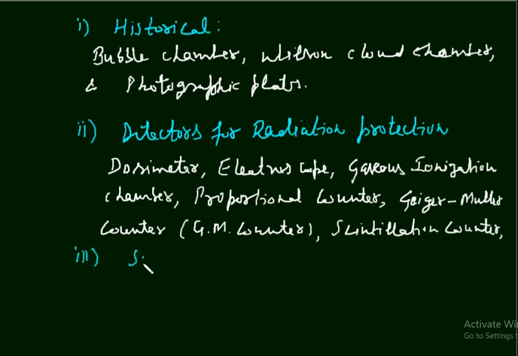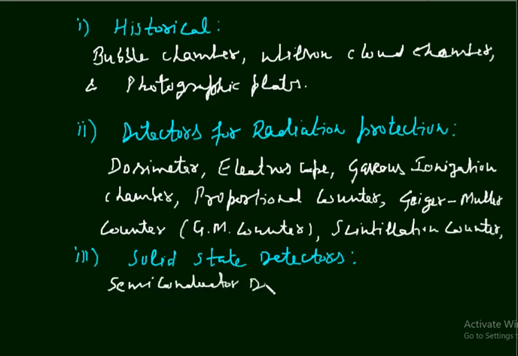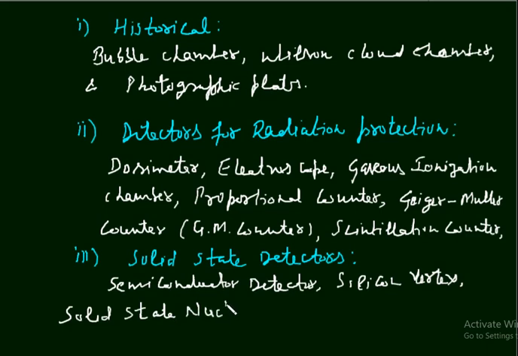Third one is solid state detectors. And the examples of solid state detectors are semiconductor detector, silicon vertex detector, and solid state nuclear track detector, well known as SSNTD.